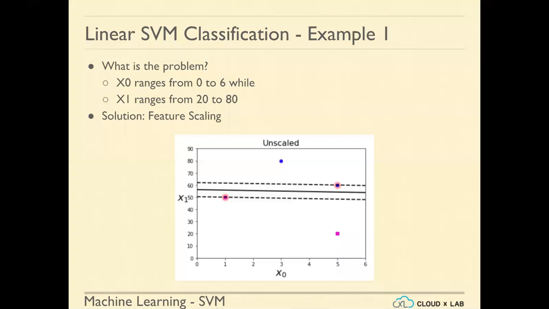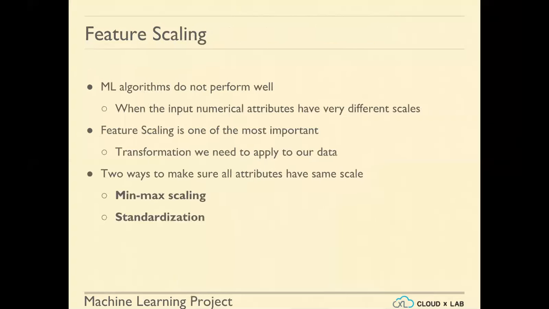I'm just going to go really fast with a quick recap of what we've done. Feature scaling is basically converting things into a certain fixed range. There are two kinds of feature scaling: one is called min-max, the other is called standardization.